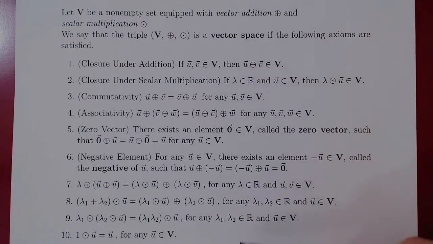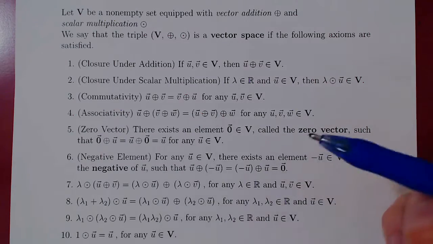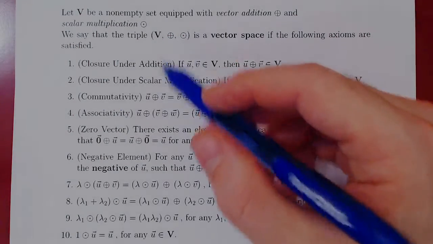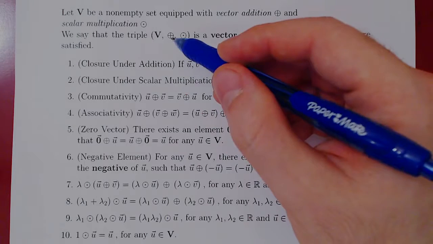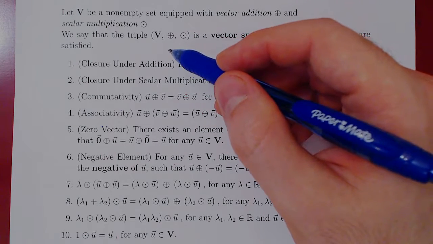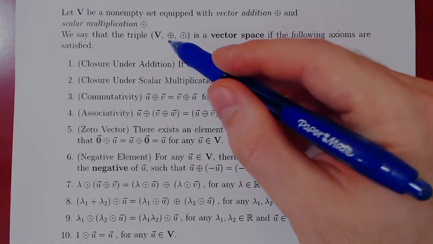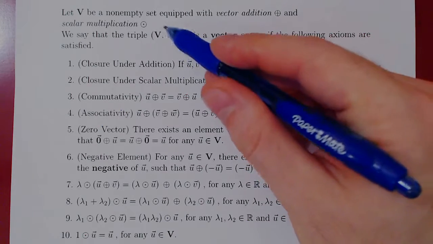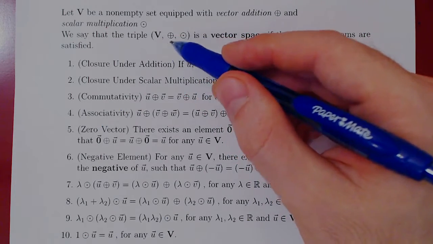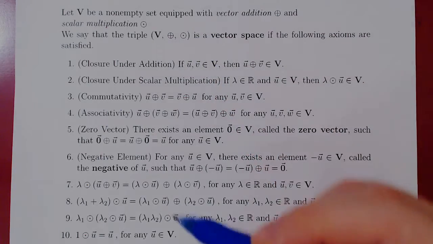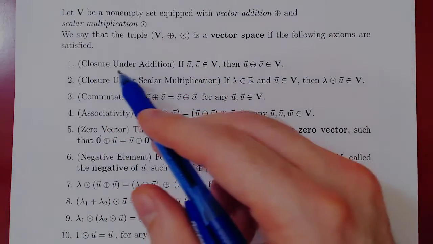Let's look at these 10 axioms and see they are, for the most part, very familiar. And again, in the following discussion, you can think of the plus as regular addition, times as regular scalar multiplication. But keep in mind, it is possible to have vector spaces with non-standard addition and scalar multiplication. Look at the first axiom.